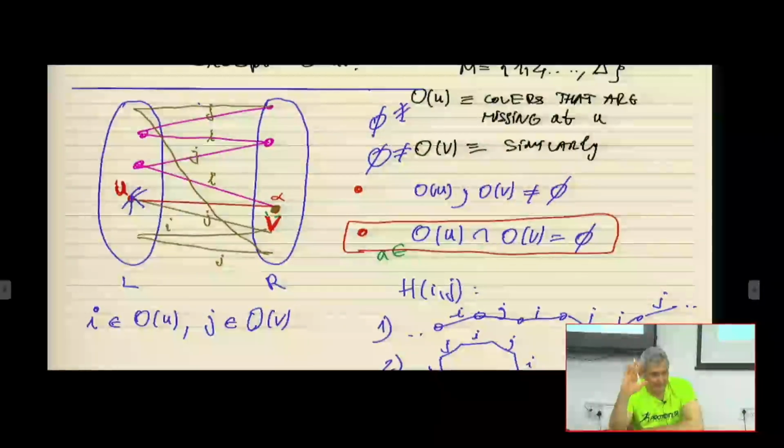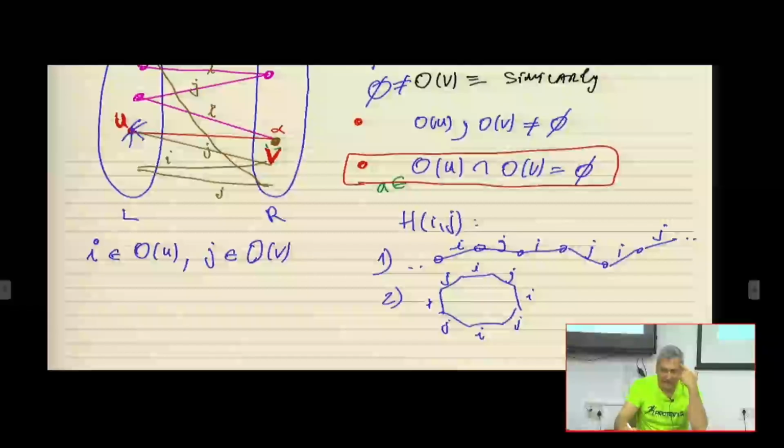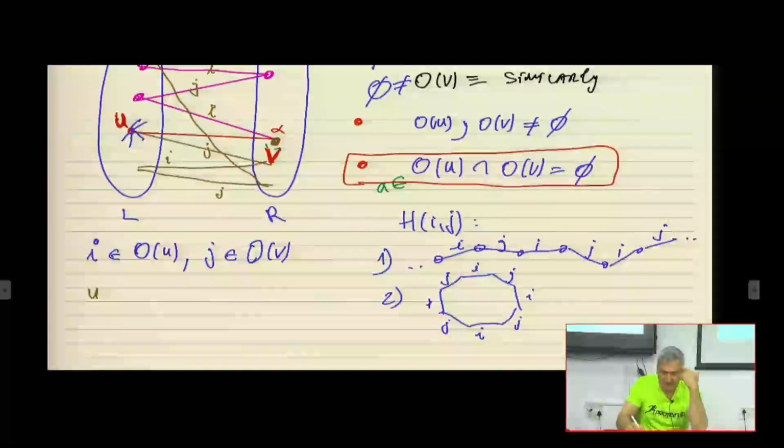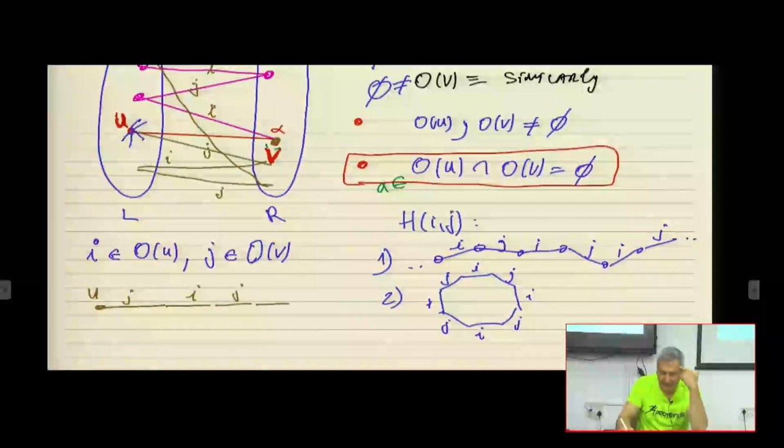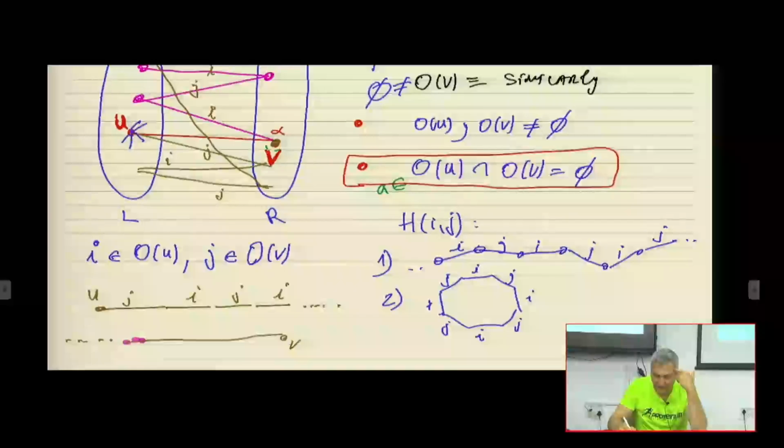Now look at this path, how it starts. Start at U, and you have J, then I, J, then I, and if it finishes at V with the color I, how many edges do I have here?